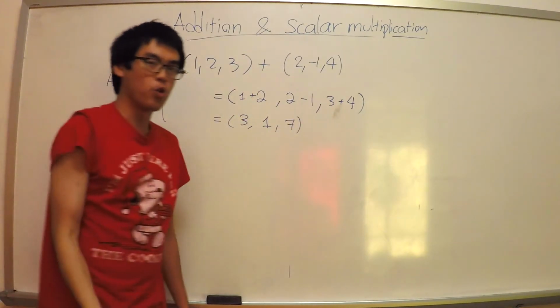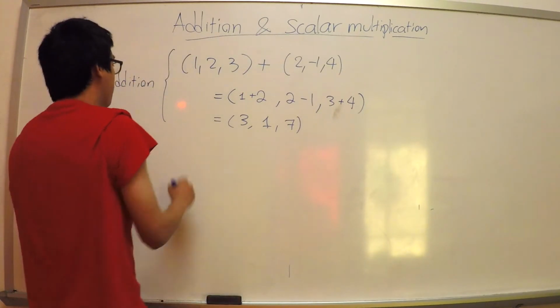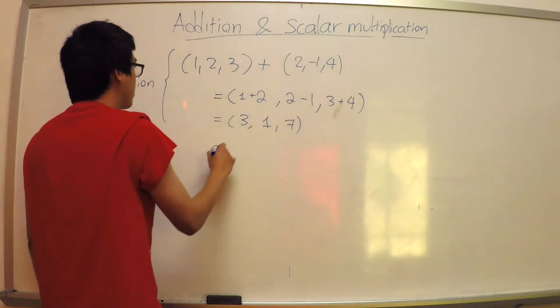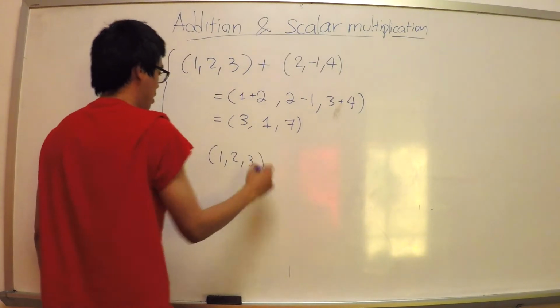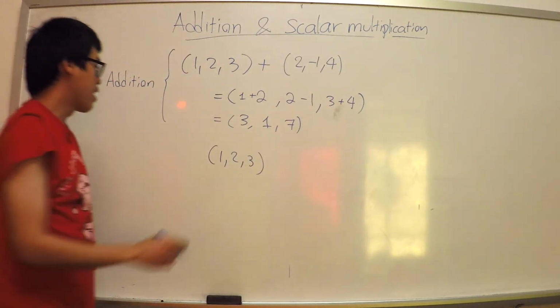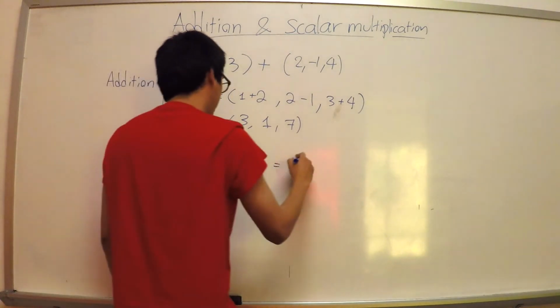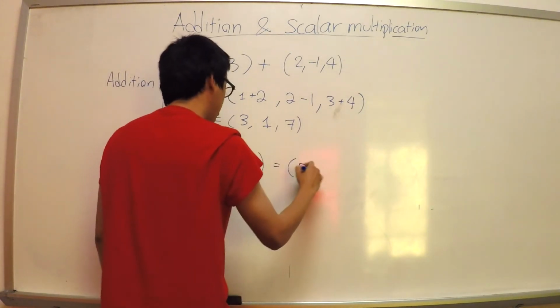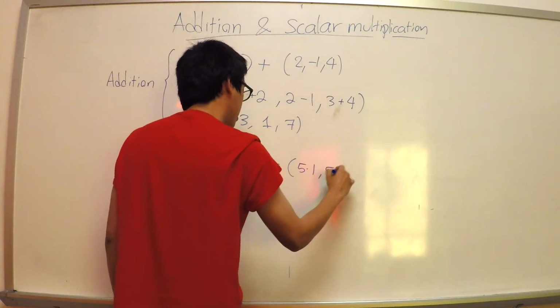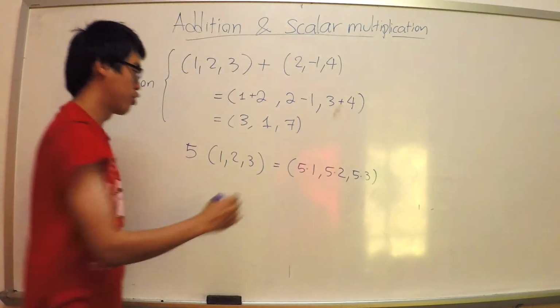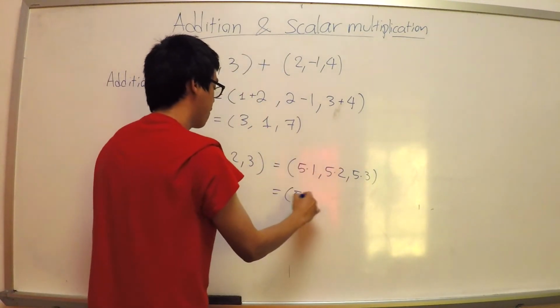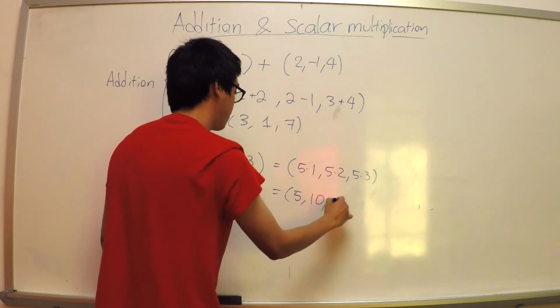We also can do multiplication: if you have a vector 1, 2, 3 and you multiply it by a scalar, 5, then you multiply that scalar into every entry in that vector. So the result would be 5, 10, 15.